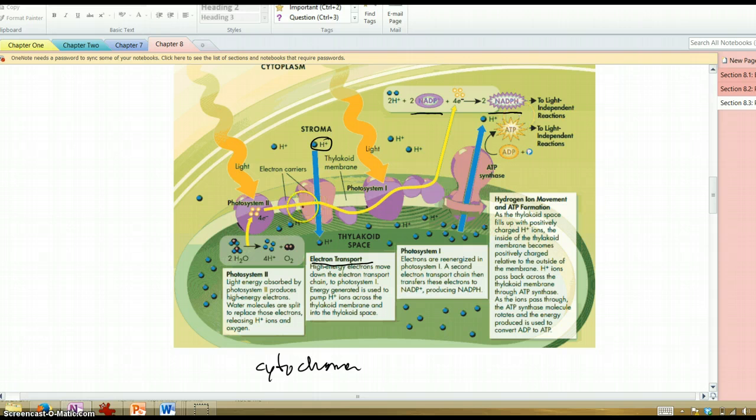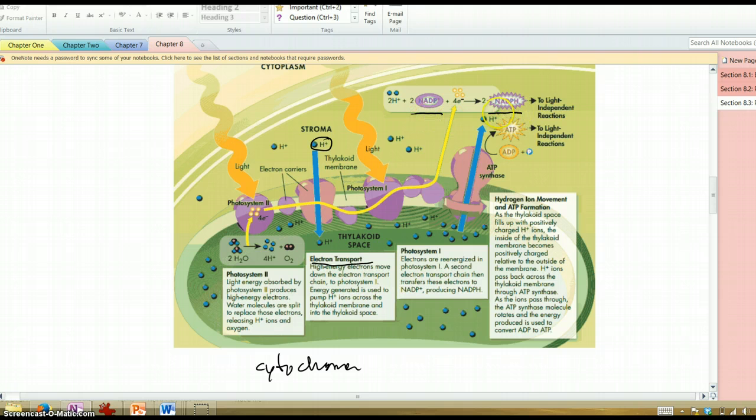Okay? So first, the energy from electrons is used to actively transport hydrogens into the lumen of the thylakoid. And then those re-energized electrons are used to help facilitate the reaction of converting NADP plus to NADPH.